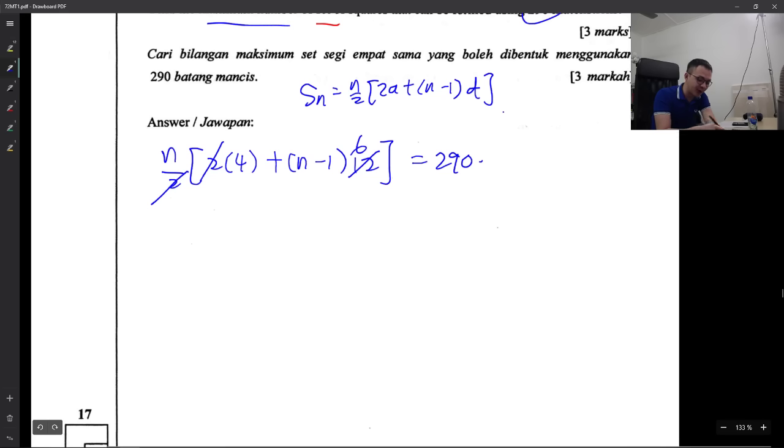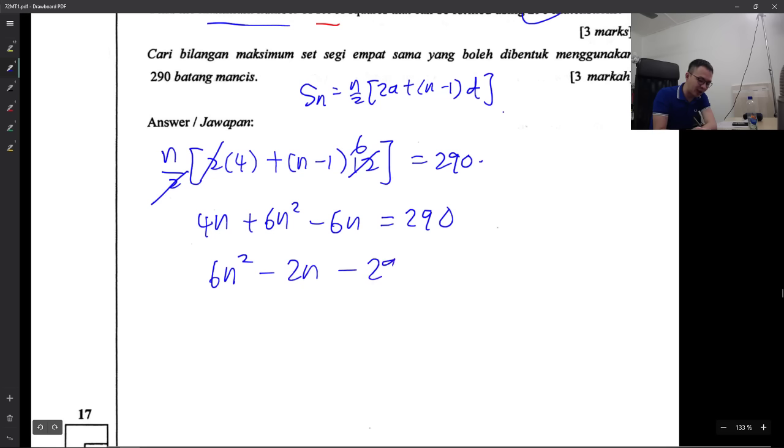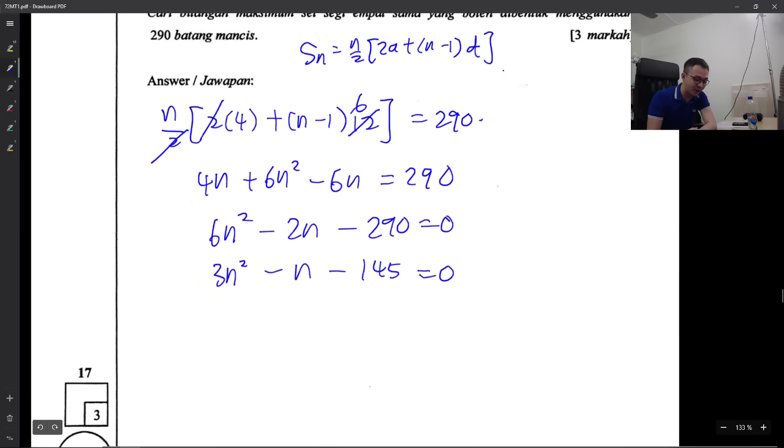Multiplying n, I get 4n here, and then 6n squared minus 6n minus 6 equals 290... so 6n squared minus 2n minus 290 equals 0. Dividing by 2, 3n squared minus n minus 145 equals 0.